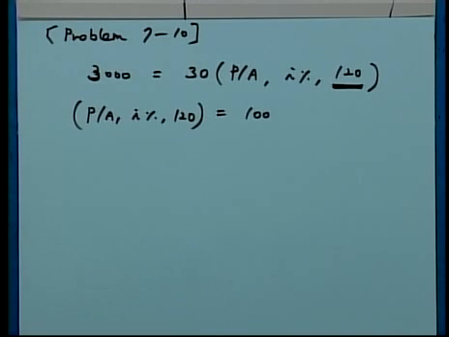What about 0.5%? P given A over 120 periods is 90.074, which is still smaller than 100. How about 0.25%? P given A over 120 periods is, okay, a little bit over 100, which is 103.563.